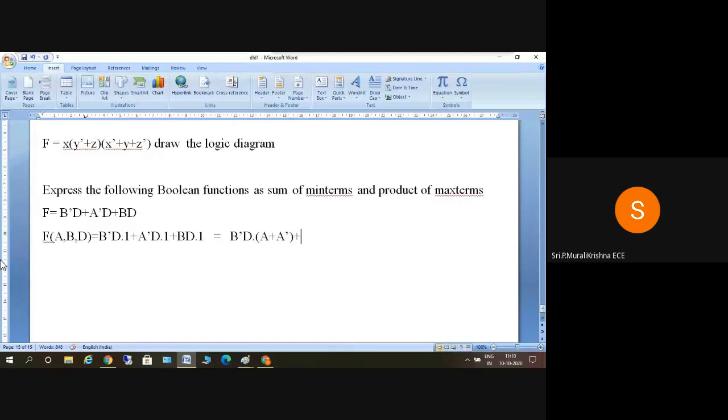Plus A bar D into 1, that can be written as B is missing here, so B plus B bar. And BD into A plus A bar.